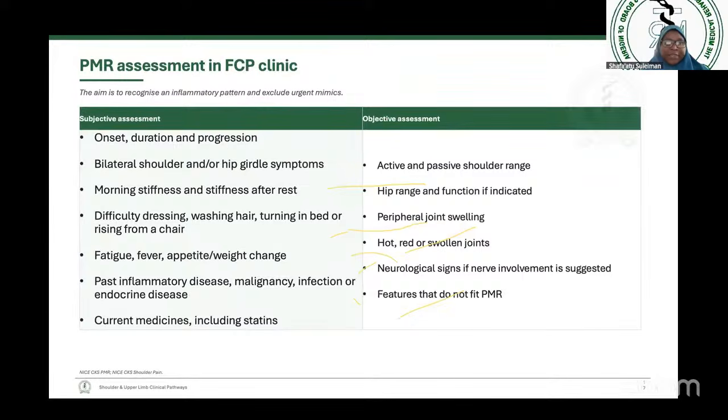So, assessment in the FCP clinic for polymyalgia rheumatica. The aim is to recognize the inflammatory pattern and exclude urgent mimics. As a first contact physio, it's not for you to treat the polymyalgia, it's for you to identify the pattern, and then you're able to signpost the patient to the right person to help.